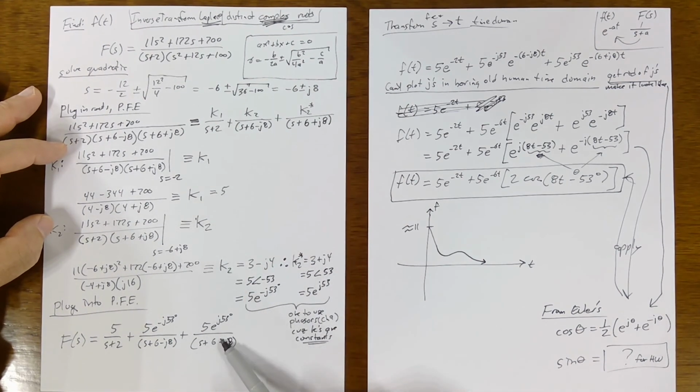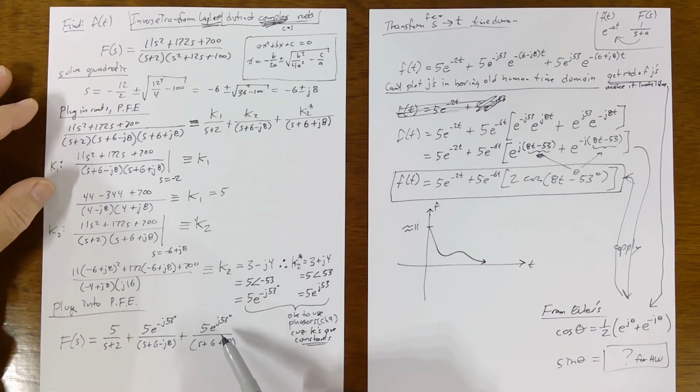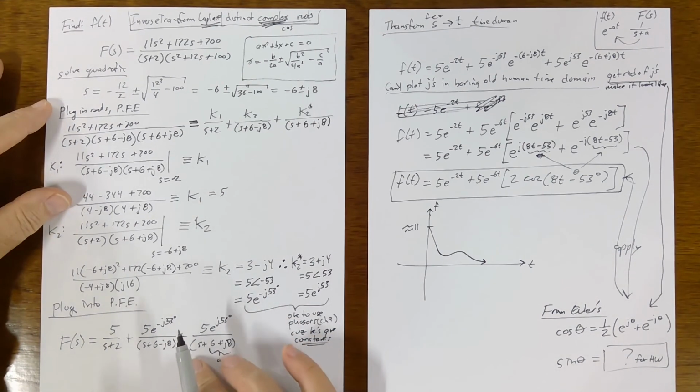You plug them back in, and be careful on what's a constant and what's an A and what's an S. Like these were your A's here. And this numerator is just a constant before you do the transform.